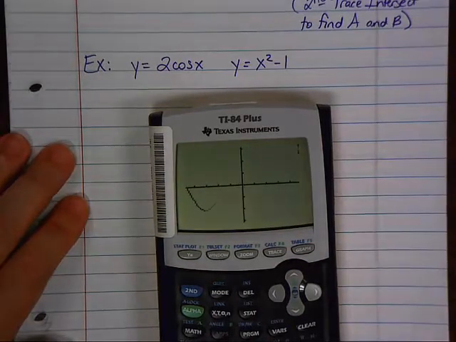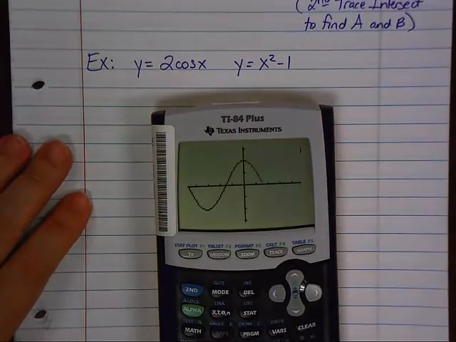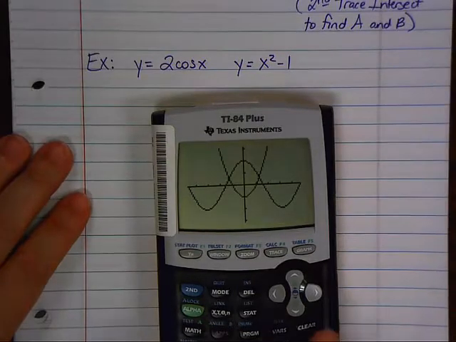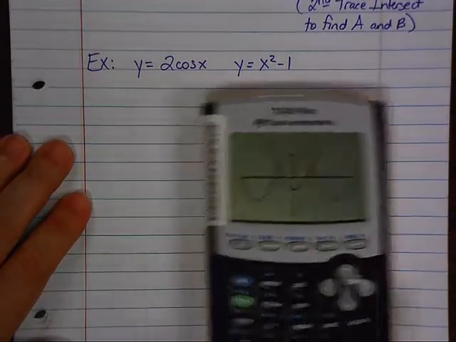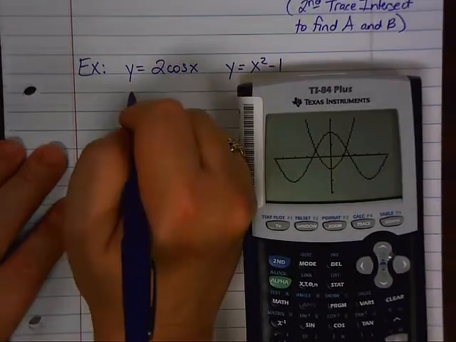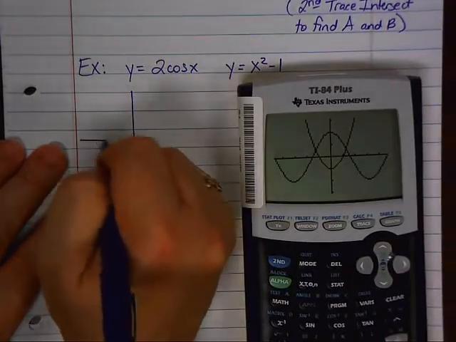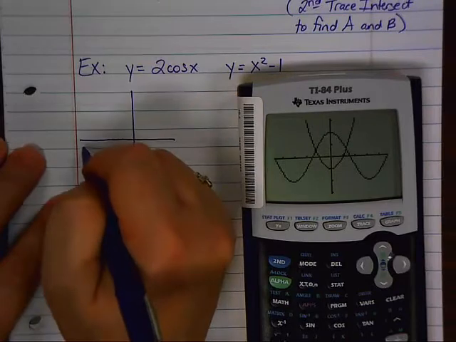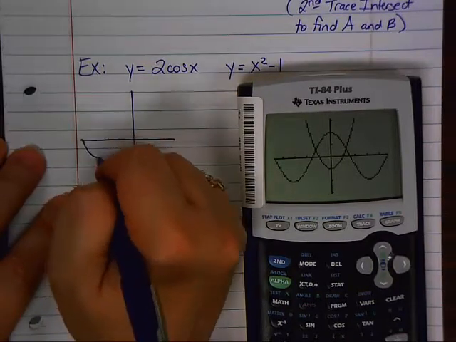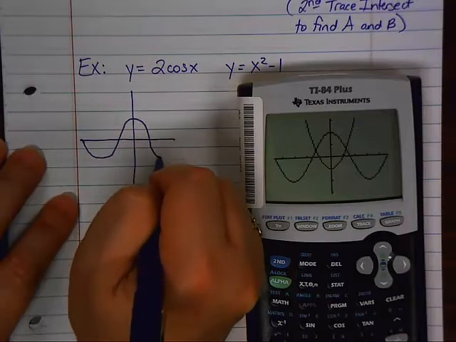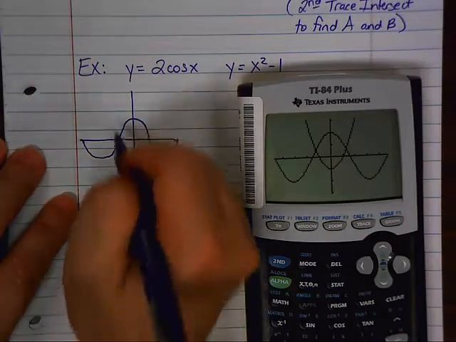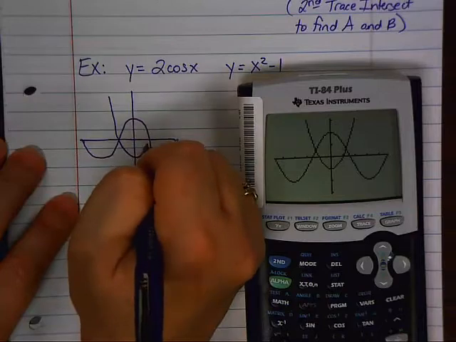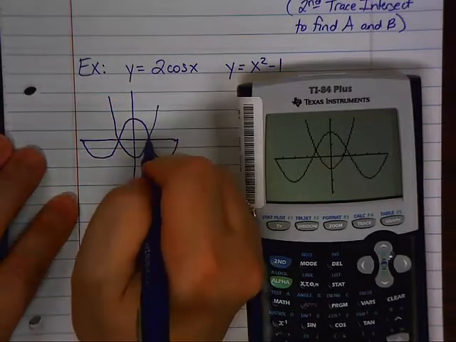Zoom 4 is always a great place to start. Yep, got a great intersection right there. Slide it over here, draw it. There's more to it that you need to know, so just hold on. No, it's supposed to intersect above there, but that's okay.